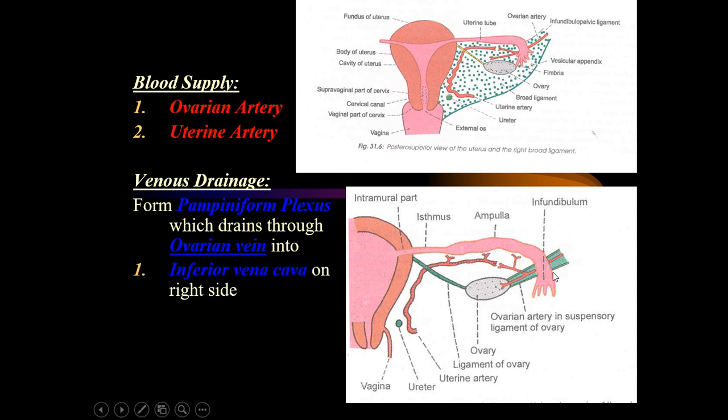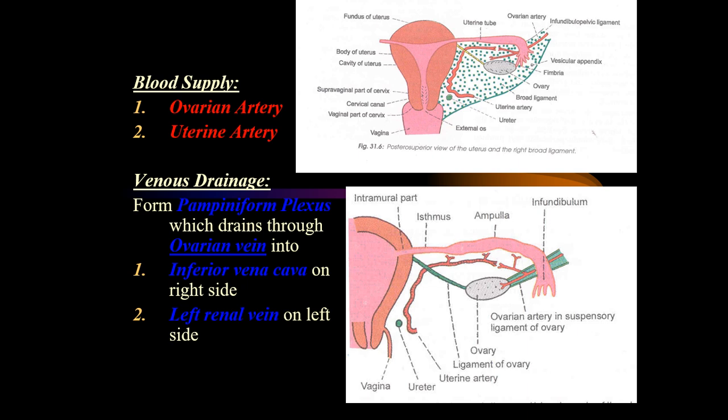The typical feature of this ovarian vein is that it drains into different structures on the right and left sides. As I was telling, the pampiniform plexus around the ovary drains into the ovarian vein, and from there the ovarian vein on the right and left sides drains differently.